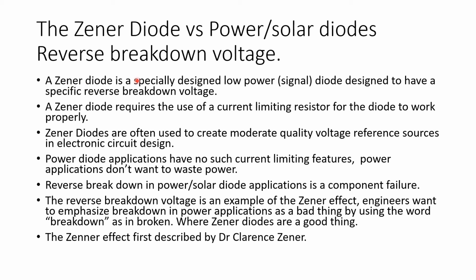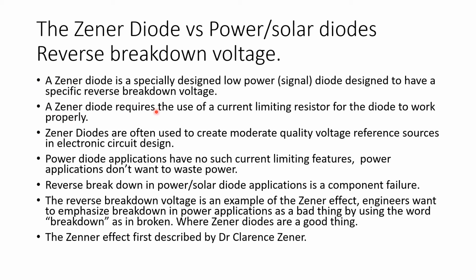A Zener diode is specially designed, low power, or what an engineer would call a signal diode, designed to have a specific reverse breakdown voltage. I think in most of my designs I used a 6.1 or 6.3 volt Zener diode most of the time because it had the best temperature coefficient from a very high temperature to a very low temperature.